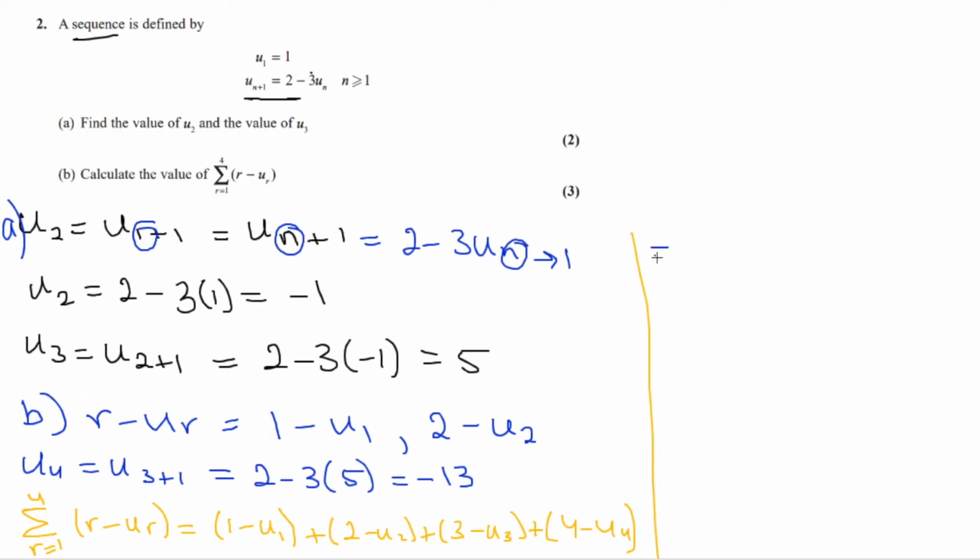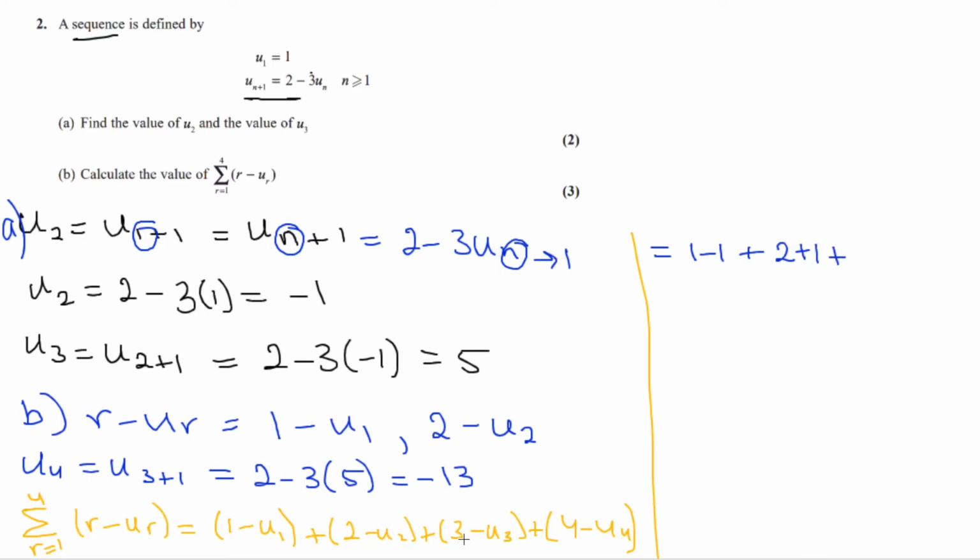That would be, we have 1 minus 1 for the first one, plus we have 2 minus the value of U2, which is negative 1, so it's 2 minus minus 1, which can be written as 2 plus 1.